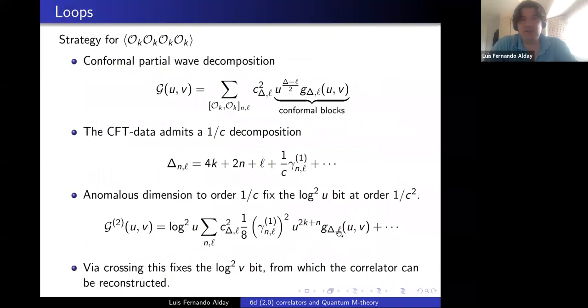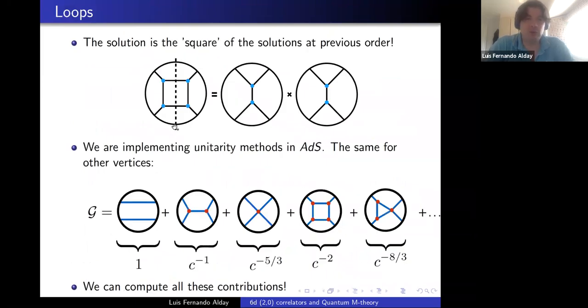Then the first loop, you cut it into two and it corresponds to the square of two gravity solutions, like here and here. This can be done also in formulas; we are implementing the unitarity methods in AdS. And the same is true for all other vertices.